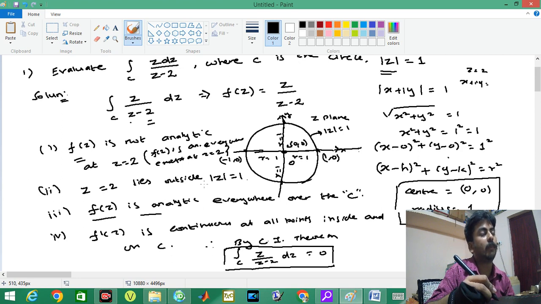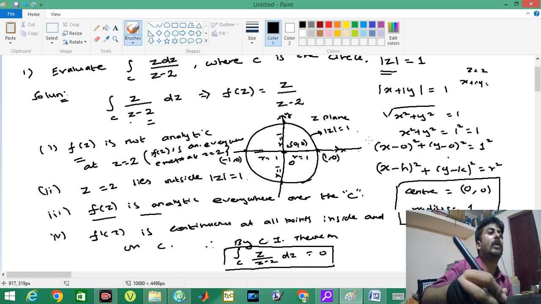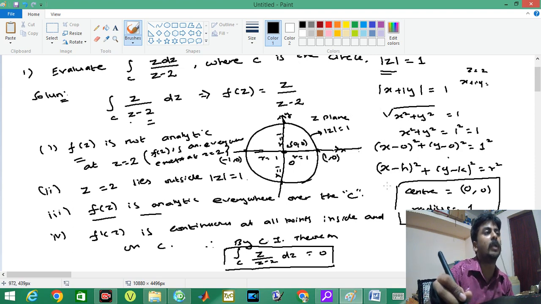Now I hope you understand the concept, but one thing is, for the examination when the problem is asked for 2 marks, it is not necessary to write the modulus of z into square root and such things, finding center 0,0 radius 1, and then that it is not analytic at the point where the denominator becomes 0, and fortunately this point is outside the given circle C. It is not like that.